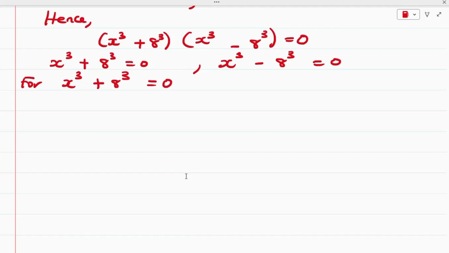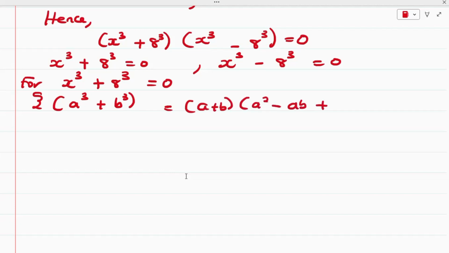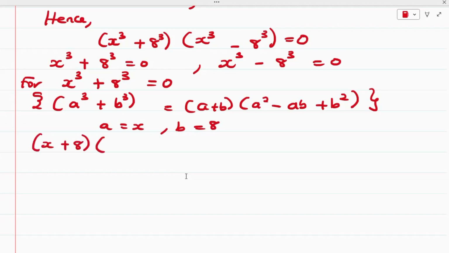So we want to apply the sum of cubes formula that says if we have a raised to the power of 3 plus b raised to the power of 3, this is equal to a plus b multiply a square minus ab plus what? b square. So we want to apply this right here, and we have a is equal to x and b is equal to 8. So from there we have x plus 8 multiply x square minus x multiply 8 plus 8 square, and this is equal to 0.